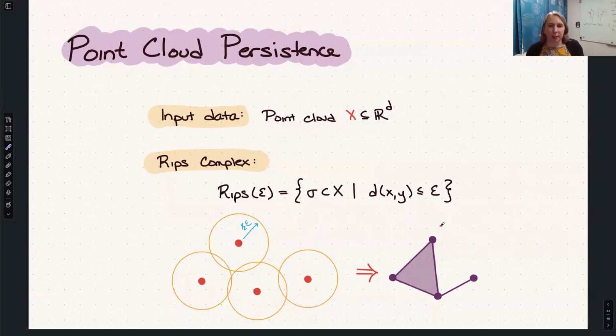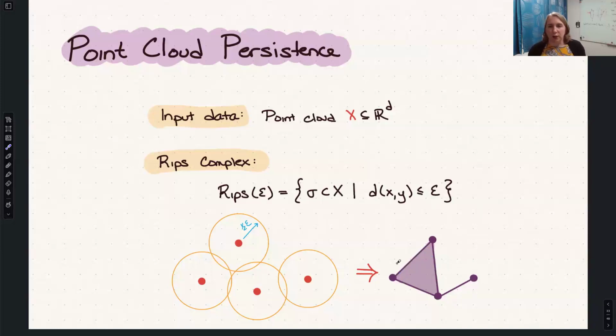The Rips complex is a simplicial complex I get by keeping subsets of my initial points for which pairwise distances inside of that subset are all at most epsilon. So in this particular example, because these points are all at distance at most epsilon from each other, I end up with those edges in my simplicial complex. And on top of that, because all three are pairwise within that distance, I have the triangle on the inside.